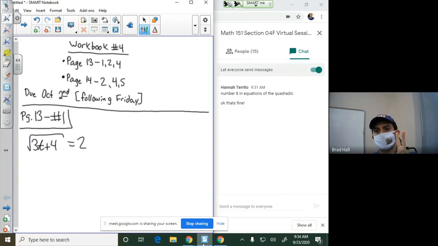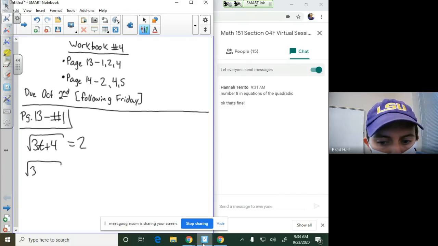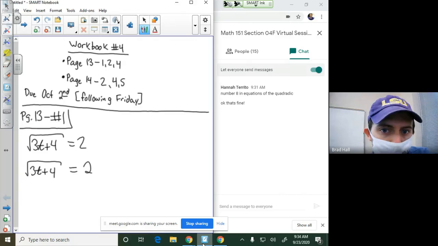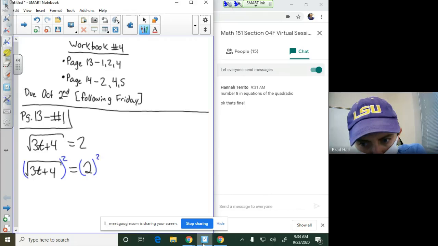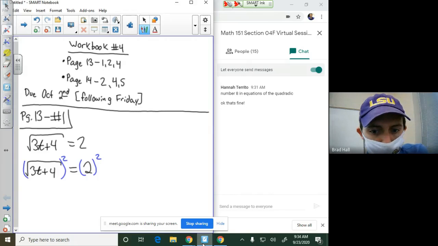Once we isolated the radical, then we get rid of the radical. So I'm just going to rewrite it to really emphasize that to get rid of a square root, we have to square both sides, which means the square root and the square cancel.